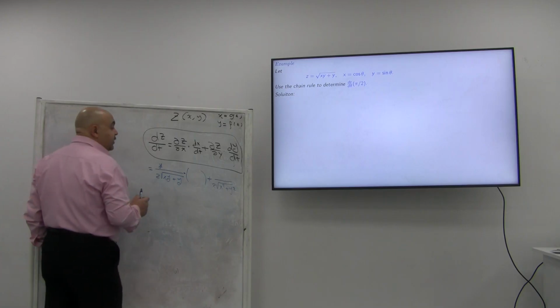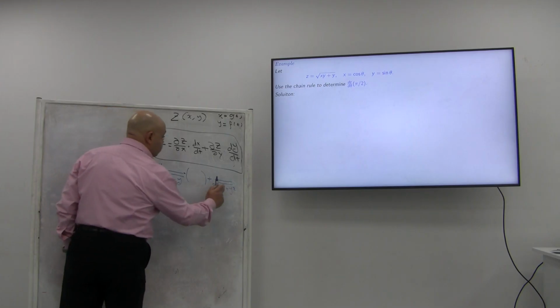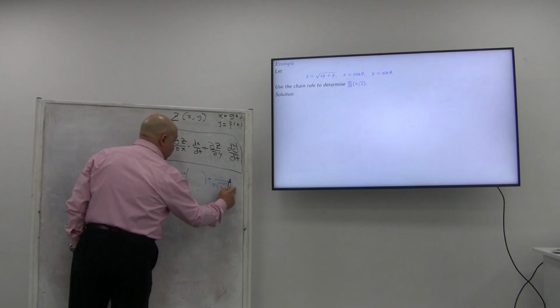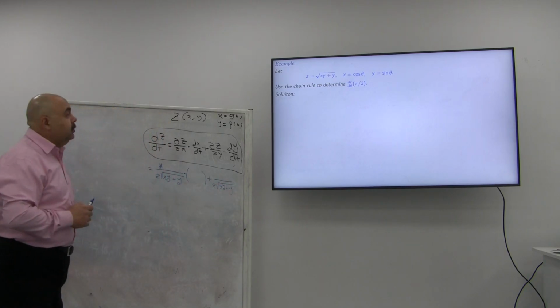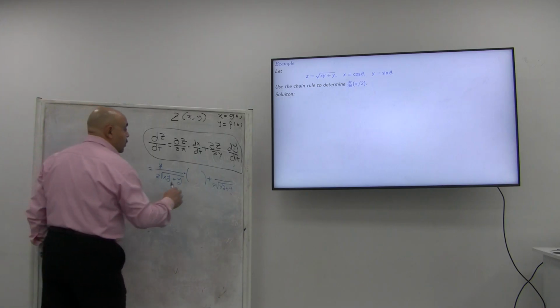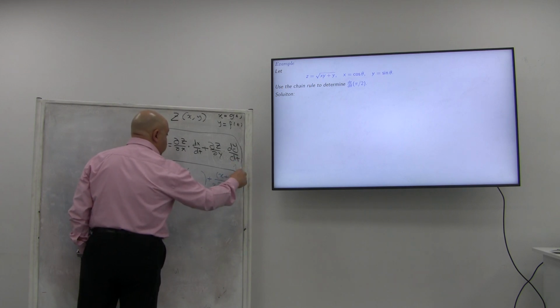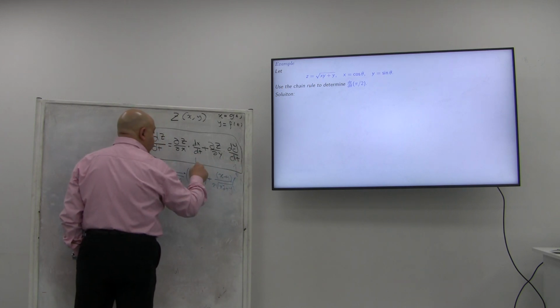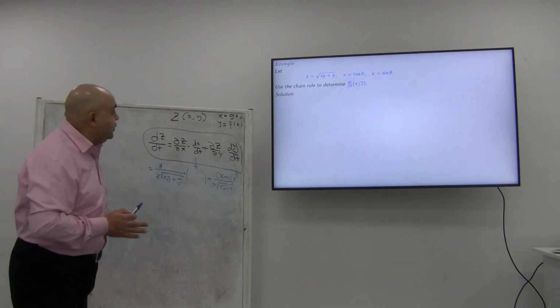Then I will differentiate with respect to y, and you will have x plus 1, times dy by dt. Differentiating with respect to t is really very simple.